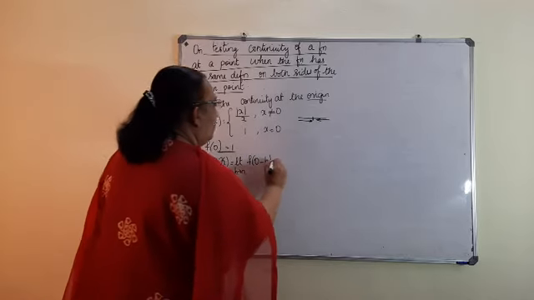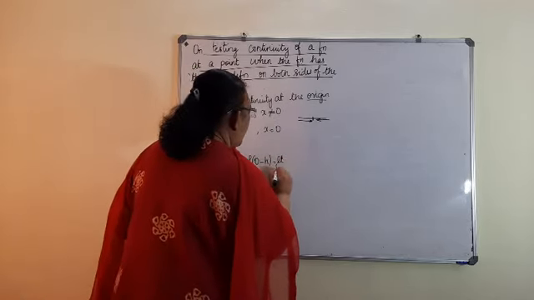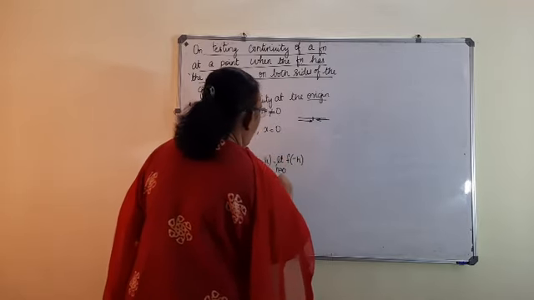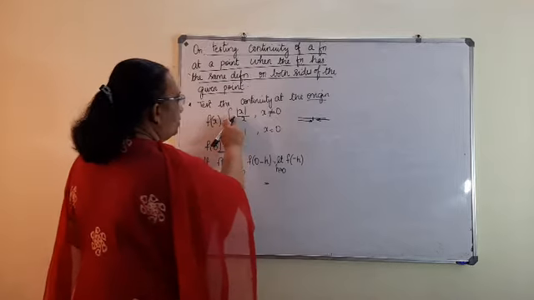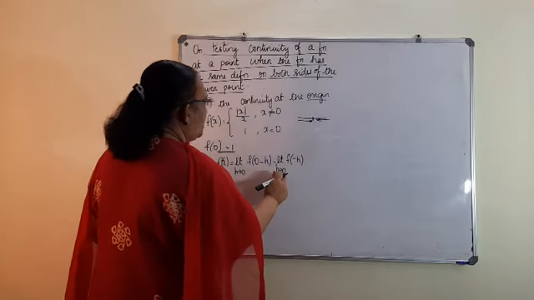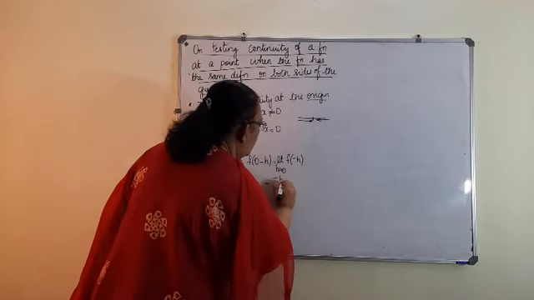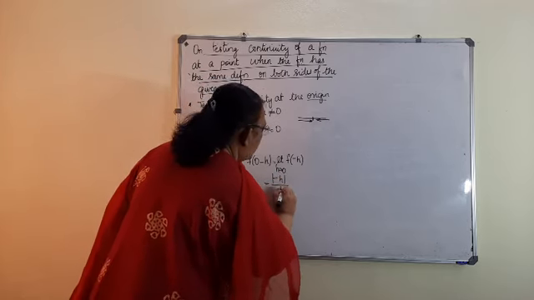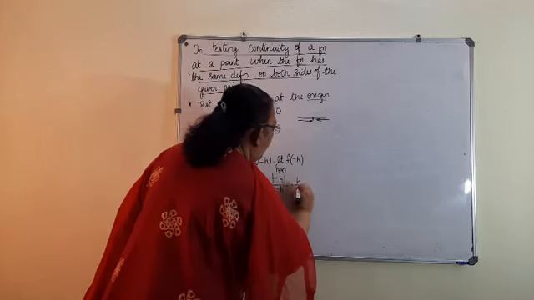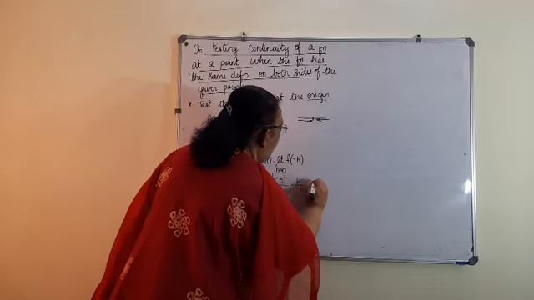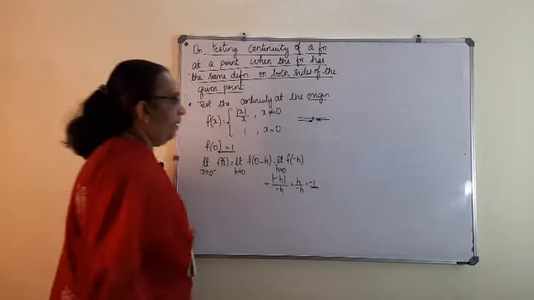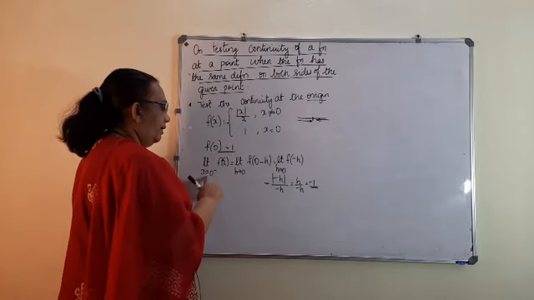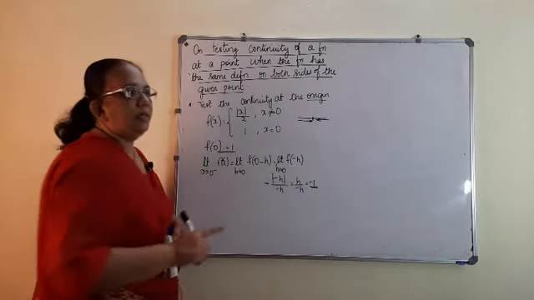It is equal to limit h tending to 0 of f of minus h. And what is f of minus h? Go to the formula. It is limit h tending to 0 of minus h modulus of minus h by minus h. That is equal to h by minus h, which is equal to minus 1. But at the point it is equal to 1.